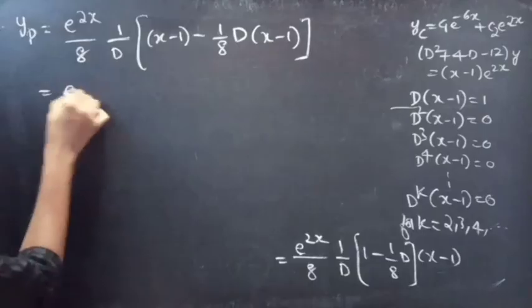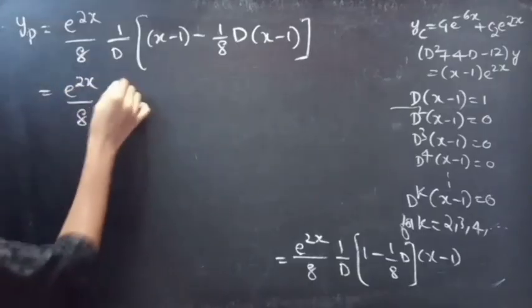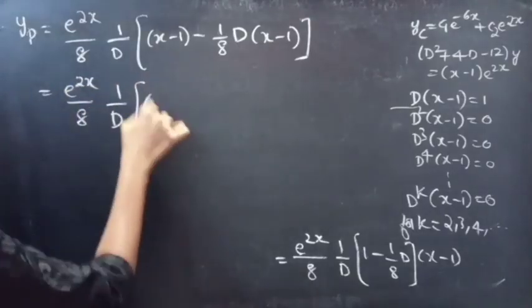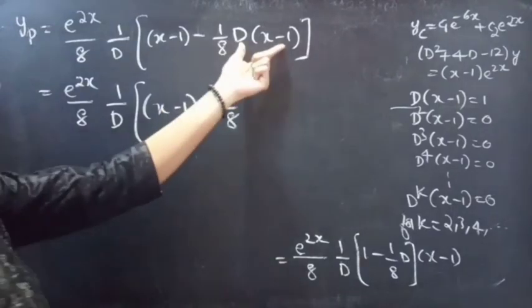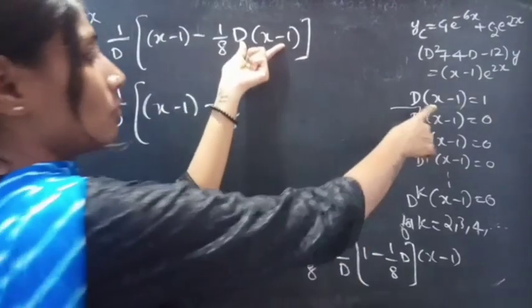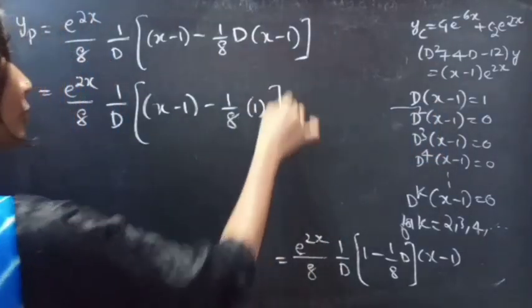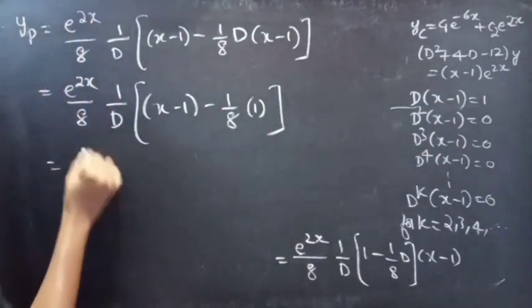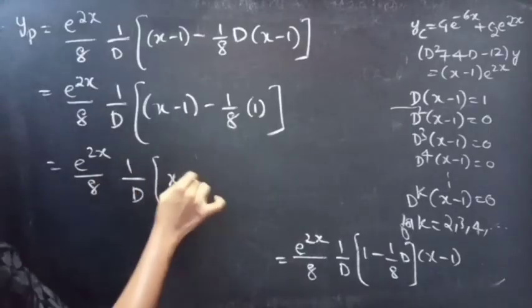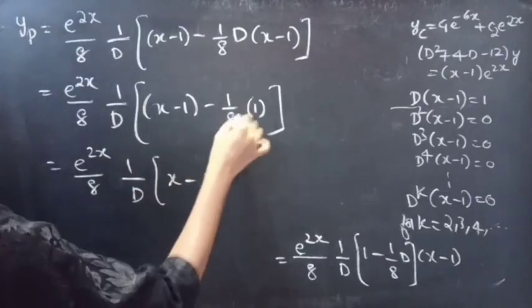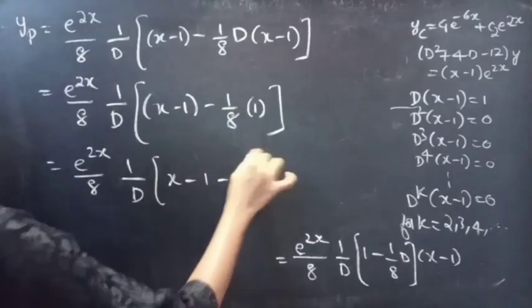We have the derivative of x minus 1, which is 1, so this equals e power 2x by 8 into 1 by D into (x minus 1 minus 1 by 8 into 1, which is 1 by 8).